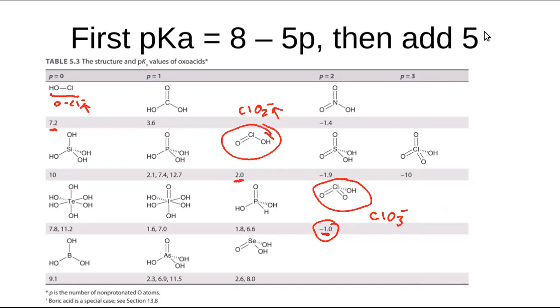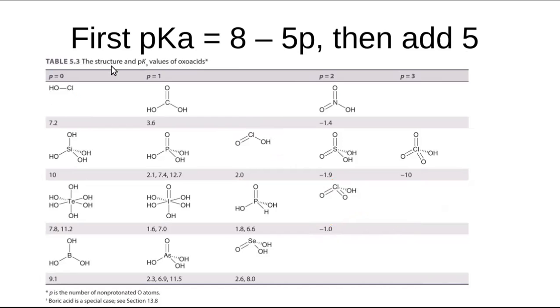Well, this table actually shows the oxo acids, and you can calculate the approximate value of how strong an acid is. An oxo acid is something that contains either oxo and maybe some OH, in various proportions.